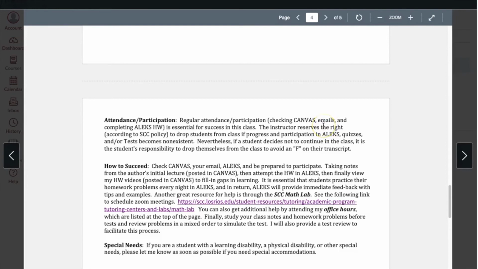If that's not an email that you want to use, then you need to update your Sac City email, because I use that service to do group emails to you all the time. And so we want to make sure it's getting to you. Checking emails and checking Canvas: I try to do notifications and announcements, and I try to send emails to remind you, hey, this is closing, get this done, stuff like that.